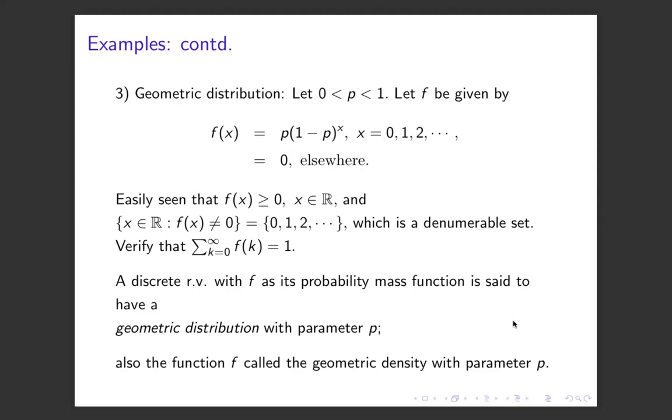Let little f be given by f of x equal to p times 1 minus p to the power x, when x is varying over 0, 1, 2, etc., all those non-negative integers, and it's 0 everywhere else.